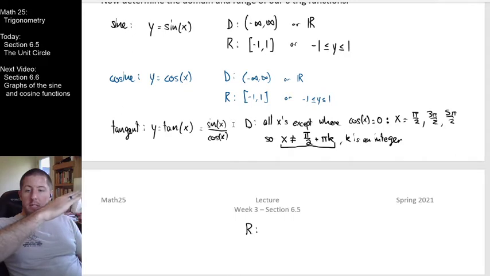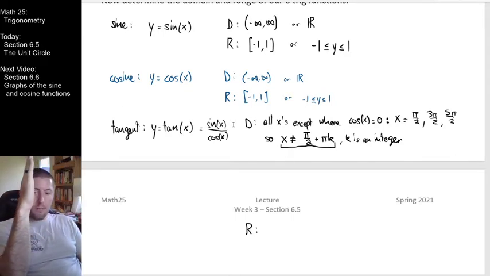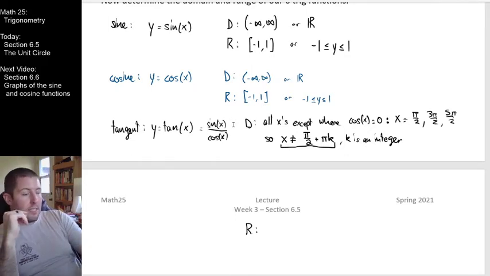As we rotate through these values right here, our sine is getting bigger and bigger, and our cosine is getting smaller and smaller. And so it seems like these tangent values are going to get huge, right? For example, I just want to do this real quick here.